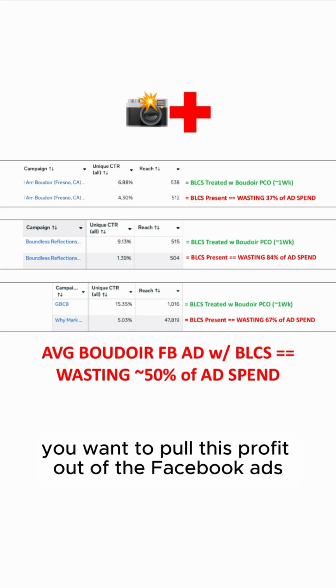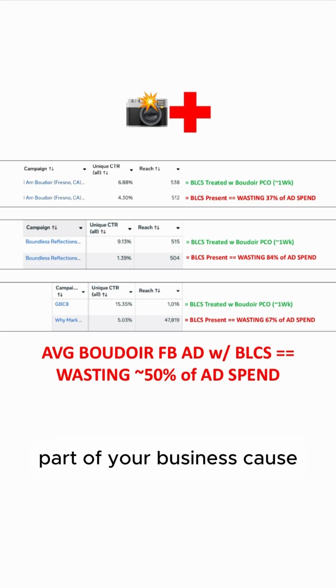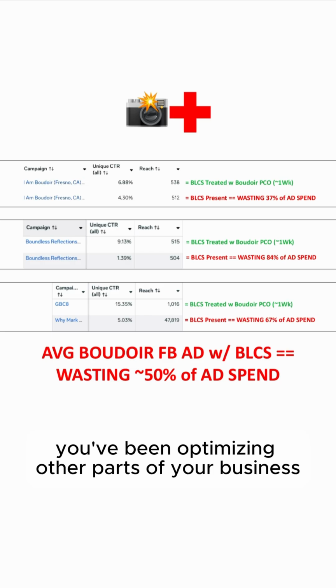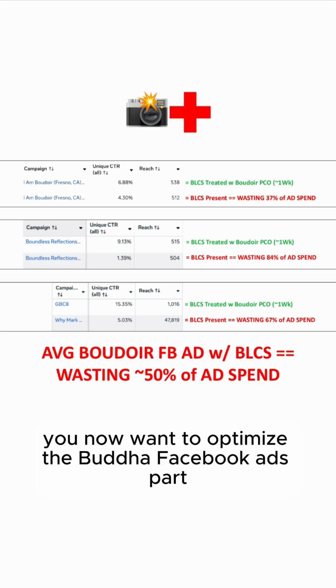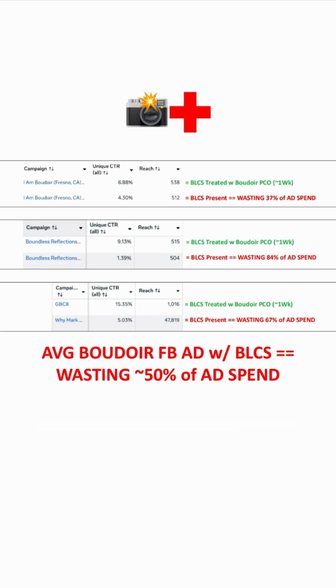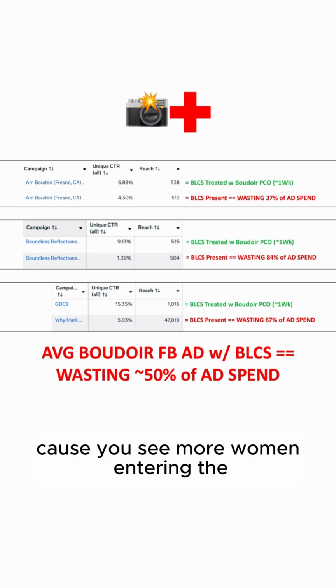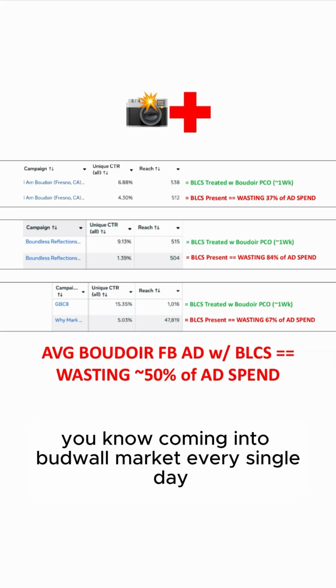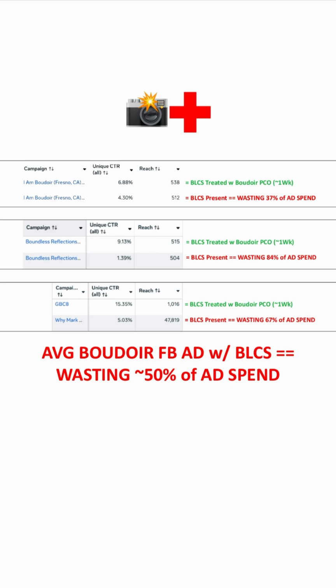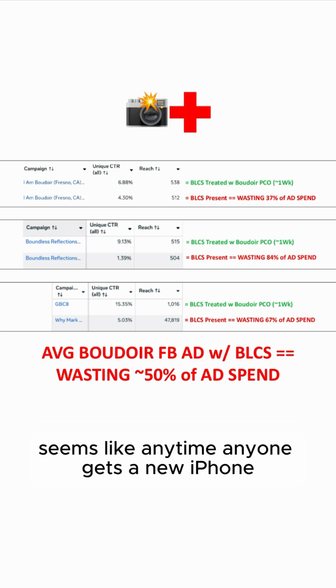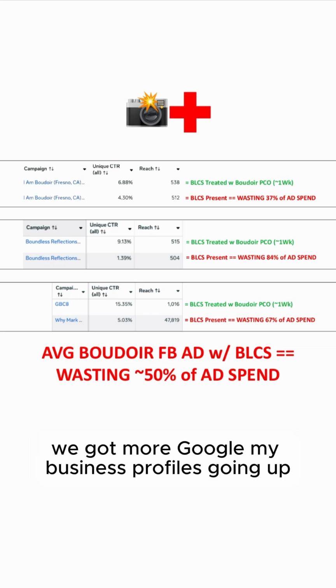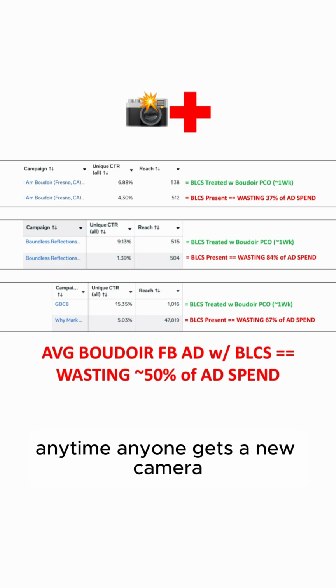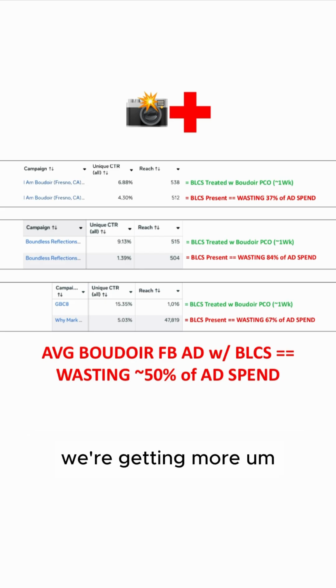And you decide you want to pull this profit out of the Facebook ads part of your business because you've been optimizing other parts of your business. So you now want to optimize the Boudoir Facebook ads part because you see more women coming into the boudoir market every single day. Seems like anytime anyone gets a new iPhone, we got more Google My Business profiles going up. Anytime anyone gets a new camera, we're getting more.